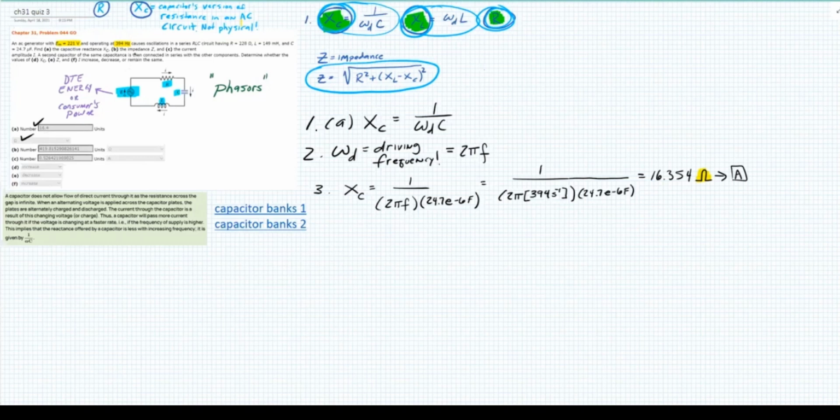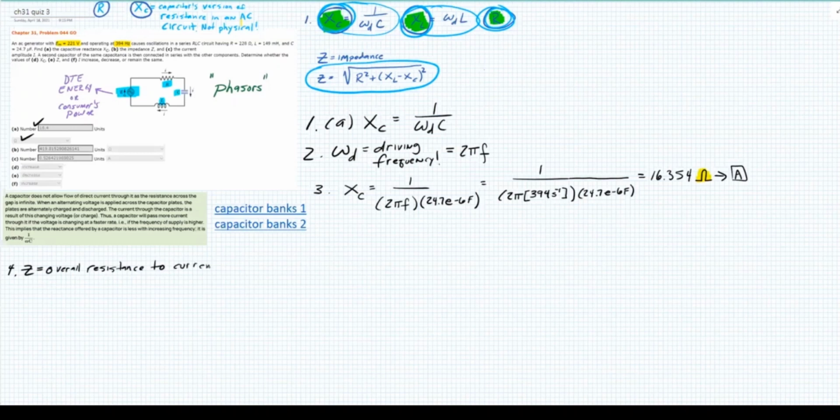What's the impedance? So I'm going to go way over here. Number 4. What's the impedance? Z. And I'm going to rant again. Z is the overall resistance to current flow.